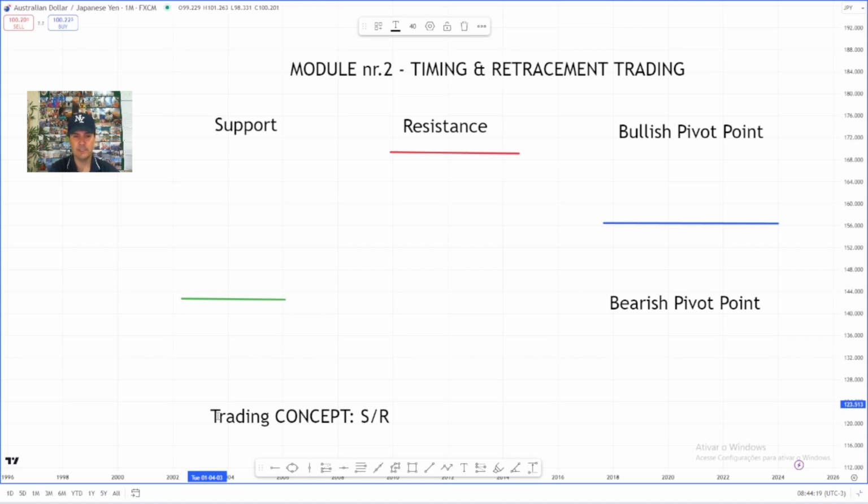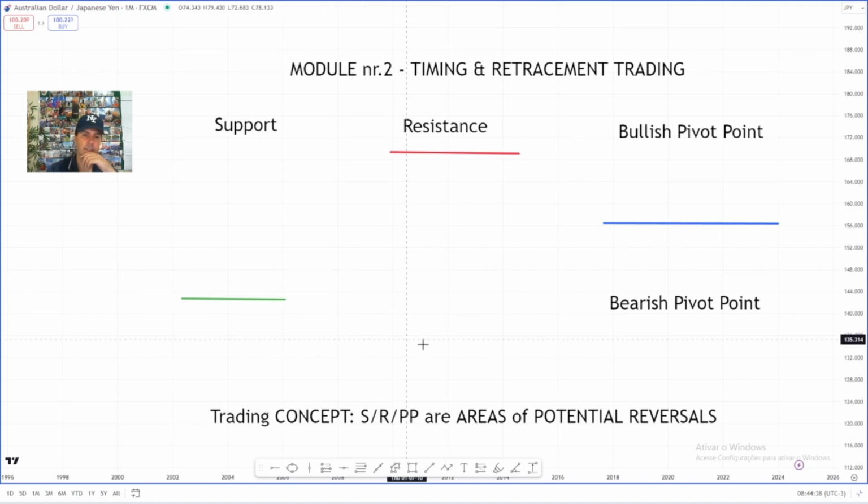Support, resistance, pivot points are areas of potential reaction, potential reversals. Okay, why is this important?